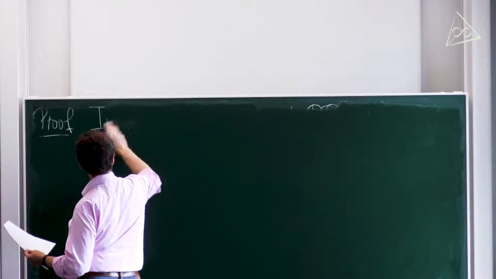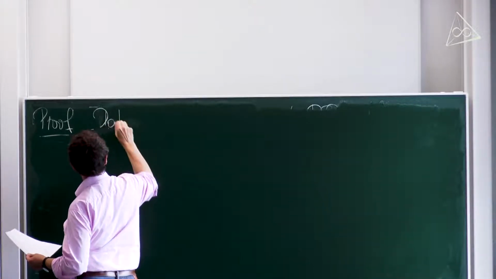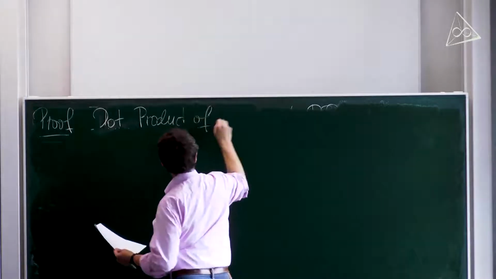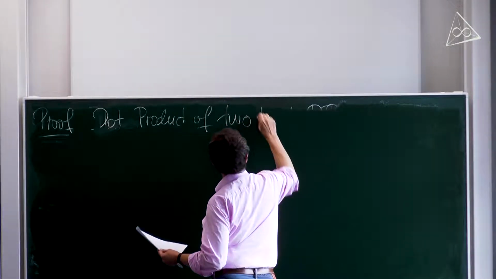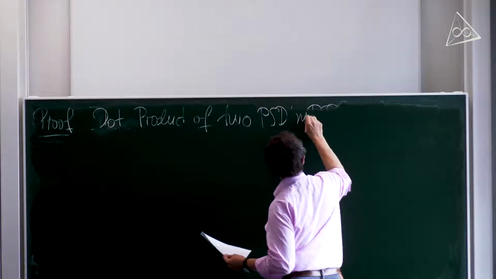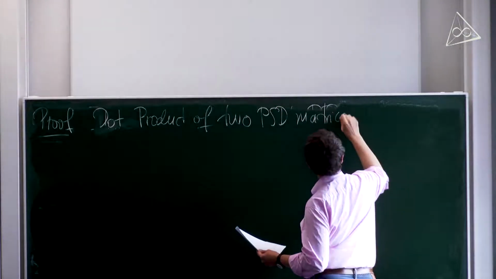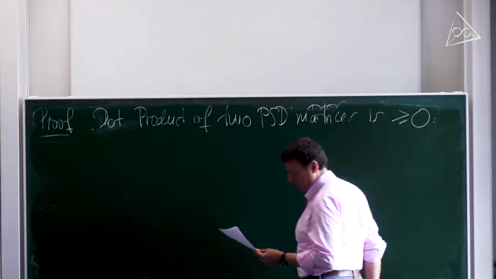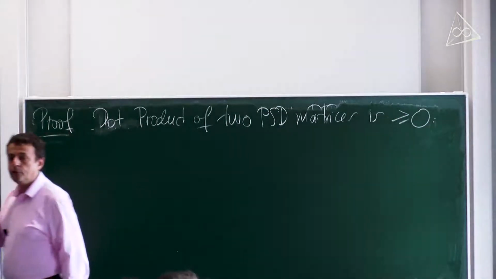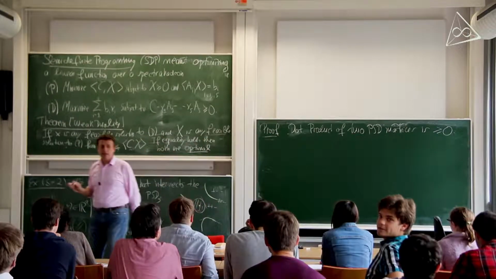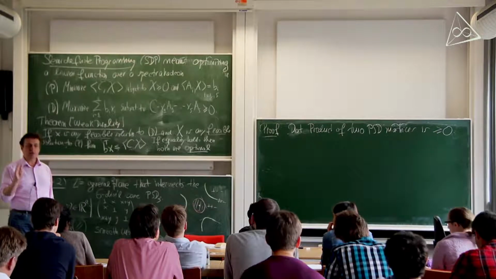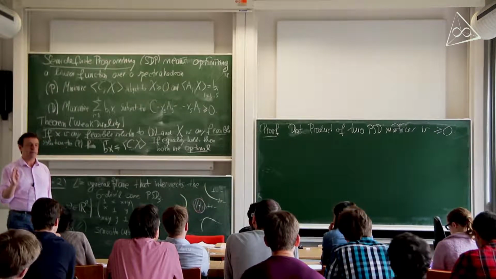The dot product, or scalar product, of two positive semi-definite matrices is non-negative. I claim that if you have two matrices, both of which are positive semi-definite, then their trace inner product is non-negative.